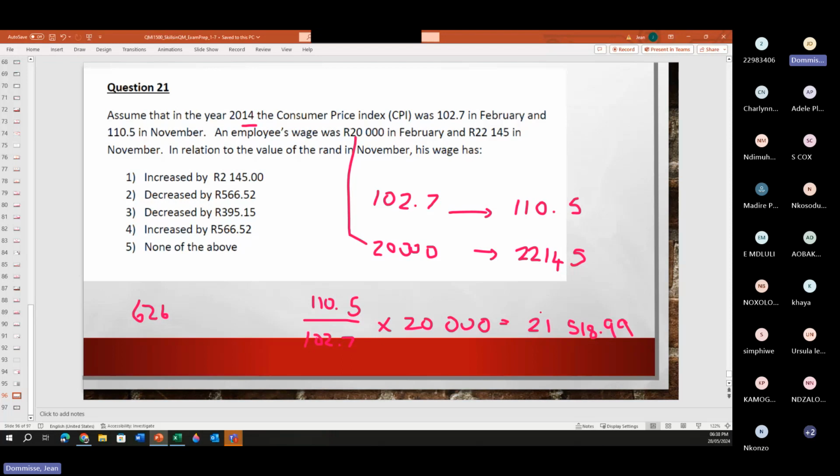Let's quickly just check if this is something that is somewhere in your study guide, because again, I haven't seen this.